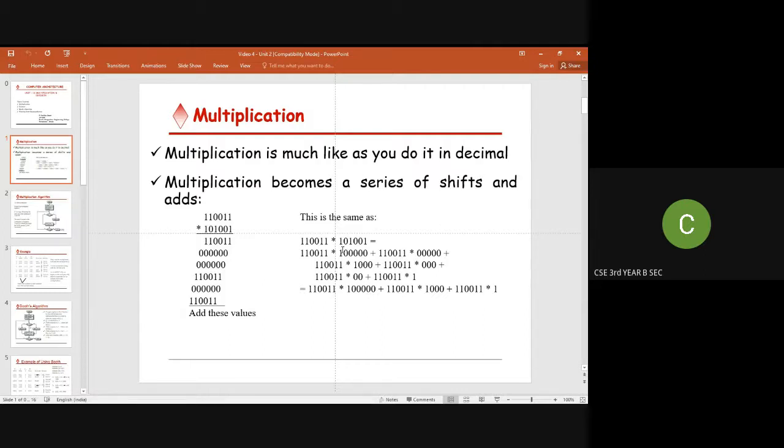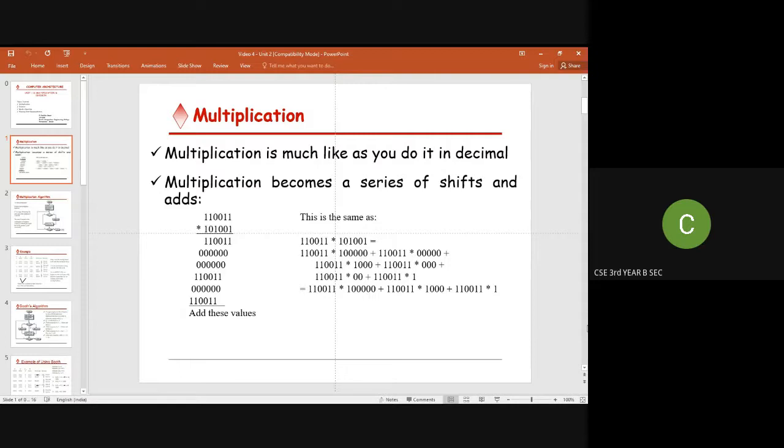This 0 is multiplied with the entire multiplicand, plus again the next bit 1 is multiplied with the entire multiplicand, plus just like this. After that we add all these things. So this is one way to do binary multiplication.